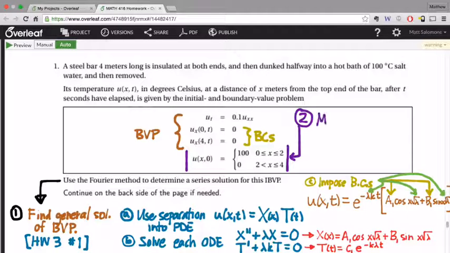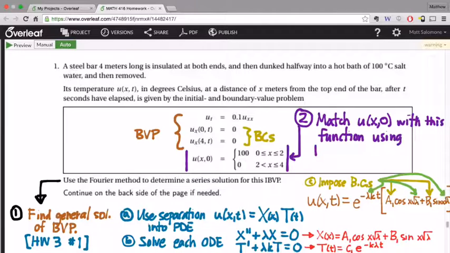And so step 2 is just to match u of x, 0 with this function using Fourier coefficients.